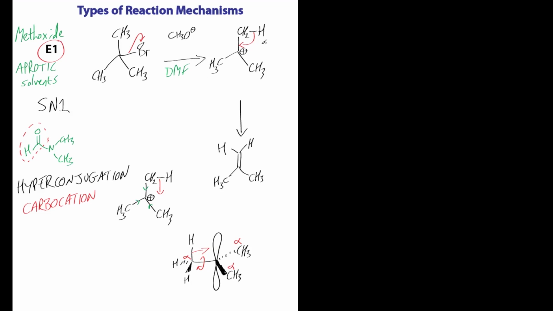The key message is you need to stabilise that intermediate there. If that's stable, then it probably proceeds by this mechanism, and because only one molecule is involved in the slowest step, it's called E1. Okay, so that's an E1 mechanism. You don't really need that strong a base, because the slowest step is this. You just need a stable species.